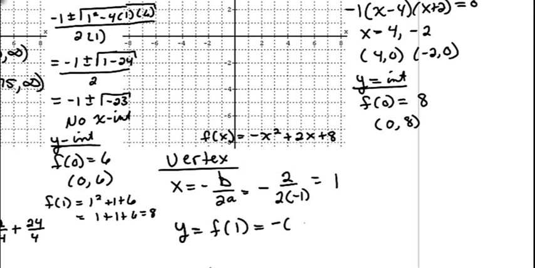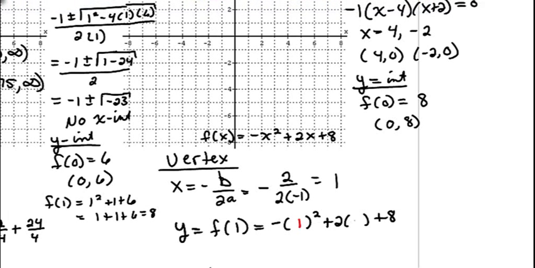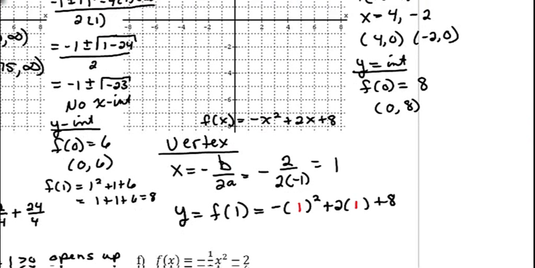So again, I'm going to write my shell down. And then what we're going to put into our parentheses is that positive 1. So you got to be careful here. This negative sign is outside of this x being squared. So we're going to square the positive 1 and then multiply it by negative 1 afterwards.